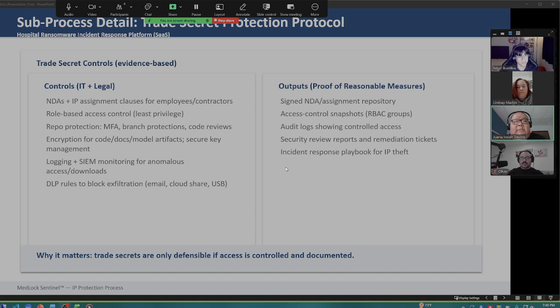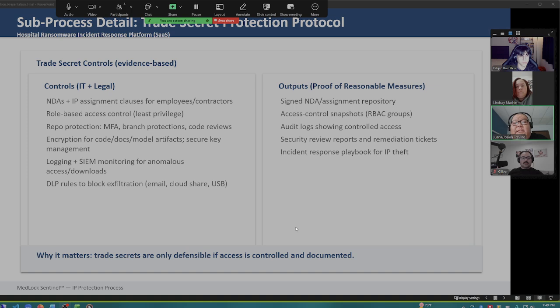On the next slide, this slide expands step 7 and makes the sub-process explicit. The key idea: a trade secret is protected by behavior and evidence, not a filing. Legal provides contracts, NDAs, and assignments.